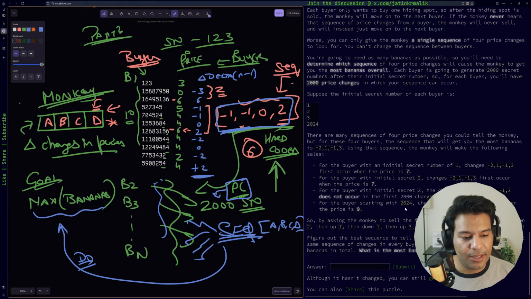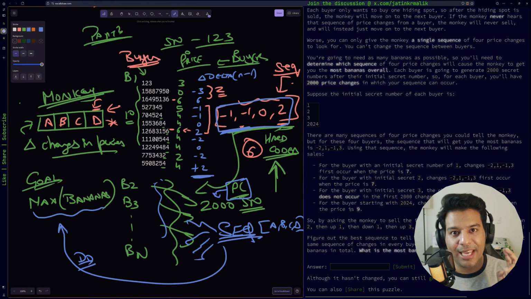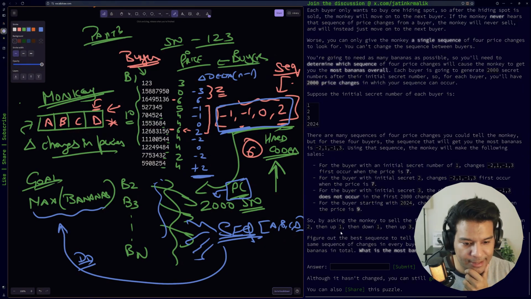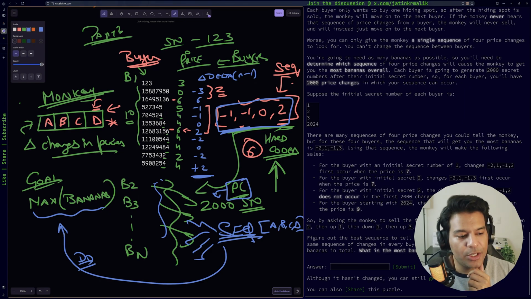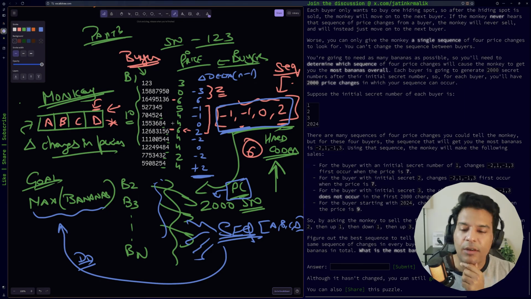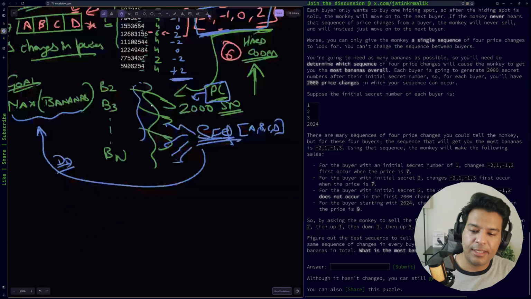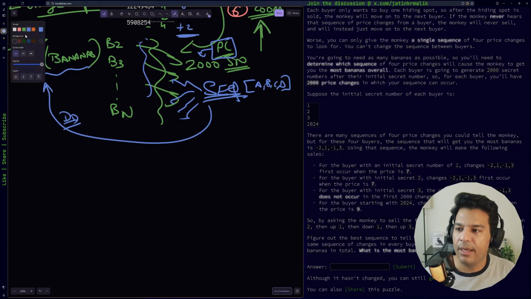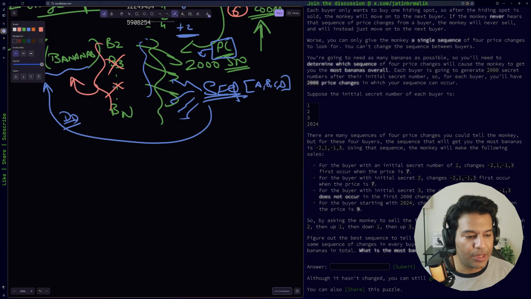And for the buyer starting with 2024, the changes first occur when the price is 9, which means that the maximum money that we can make from the best sequence across these 4 buyers is 7 plus 7 plus 9, which is 23 bananas. Fascinating. So there are cases where you will probably not find anything from a few, but still get the best possible number.